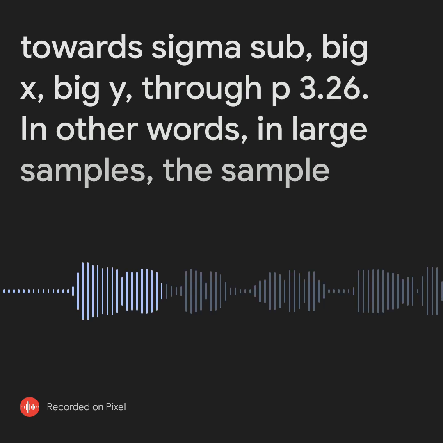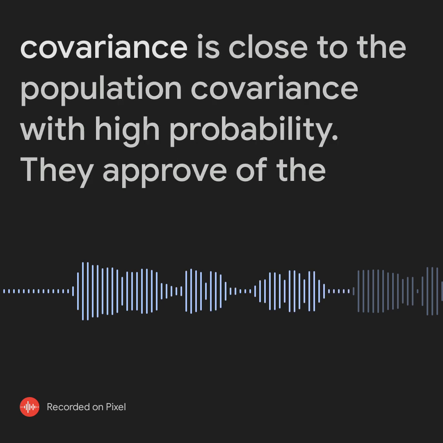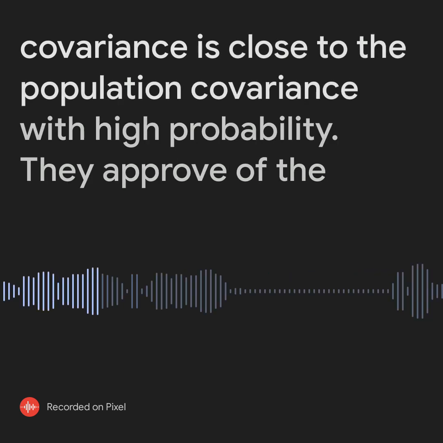In other words, in large samples, the sample covariance is close to the population covariance with high probability.